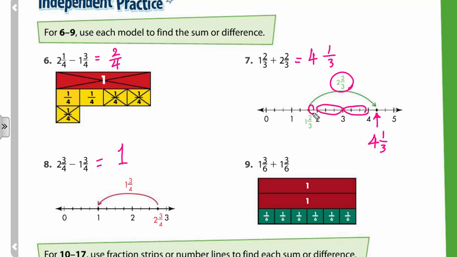We have 1/3 here and 1/3 here. Okay, the next one. We need to move to the left 1 and 3/4. So this is a whole one, and this is 3/4, 1, 2, 3. Okay.